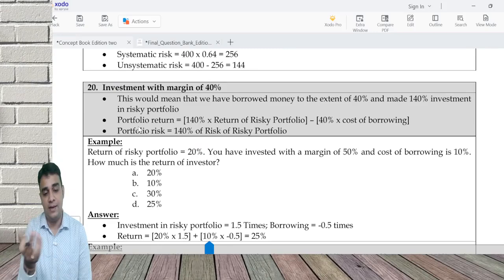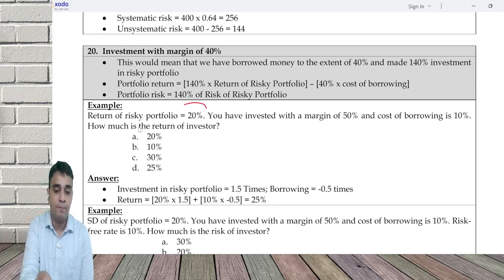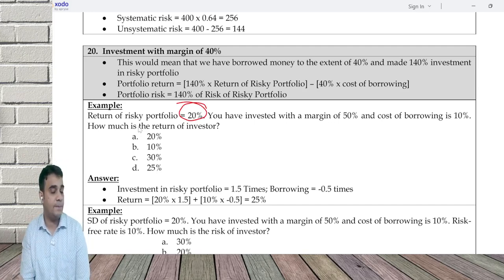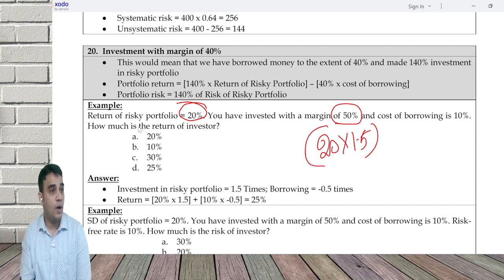Investment with margin. I gave the same heading. Investment with a margin of 40% would mean that we have borrowed money to the extent of 40% and made a 140% investment in the risky portfolio. Example: the return of the risky portfolio is 20%. I have invested with a margin of 50%, so I'll earn 20 into 1.5.